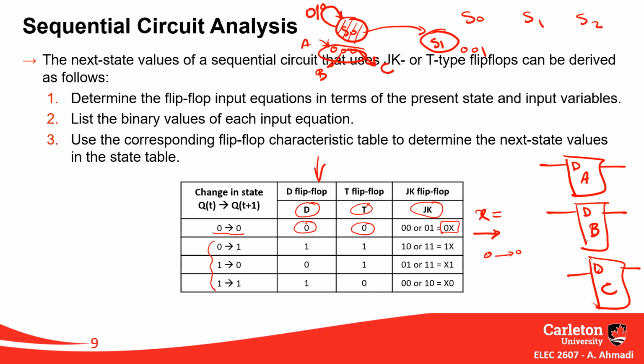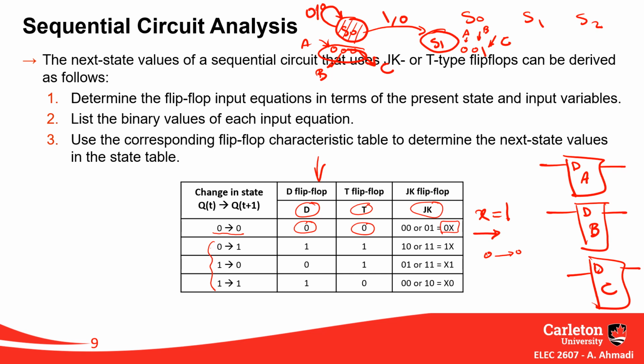And when my input is 1, you remember this in the state diagram? When I have input 1, a transition will happen from S0 to S1. It means A will stay 0, B will stay 0, but C must make a transition from 0 to 1.